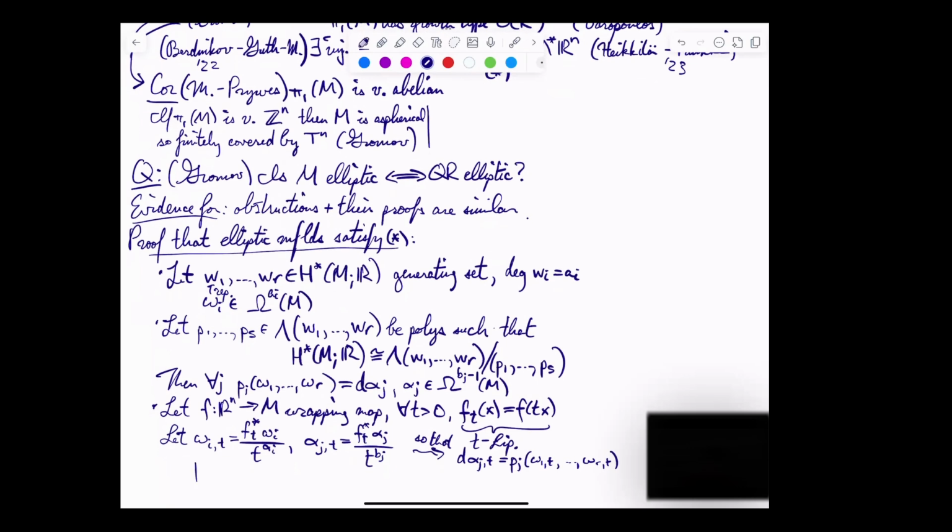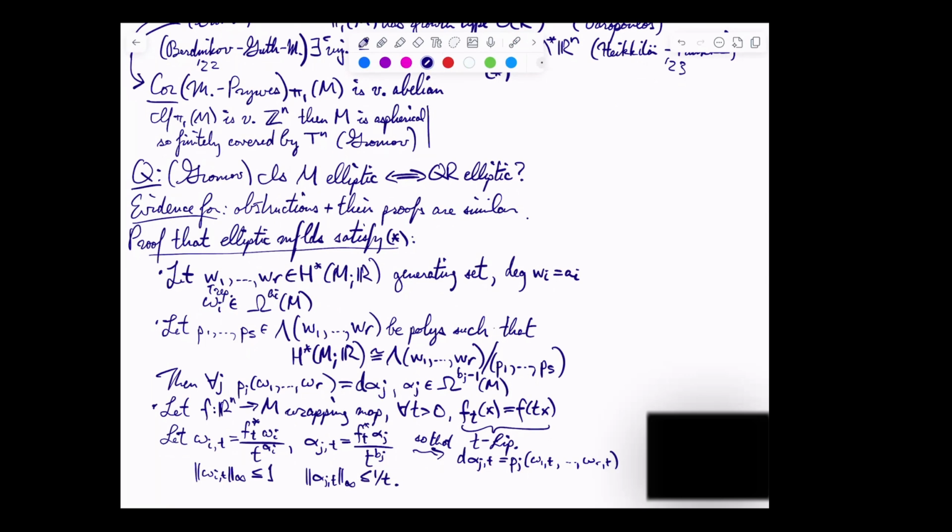But then, the way we rescaled this, the operator norms of the omega_it's are at most 1. Since the alpha_jt's are degree b_j minus 1, but we divide them by t to the b_j, their operator norms are actually going to be 1 over t.